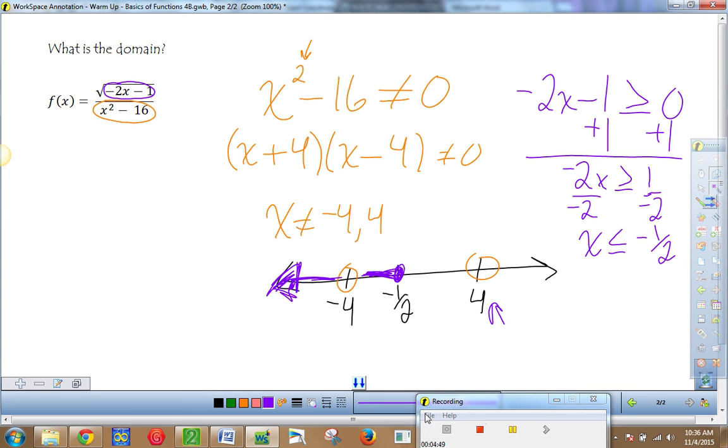How would I write this in interval notation? What's the lowest number down here? Negative infinity. Okay? So how many intervals do I have? I have 2. I have from here to here. Am I including this value or not? No. So that's my first interval: negative infinity to negative 4, unioned with the second one.